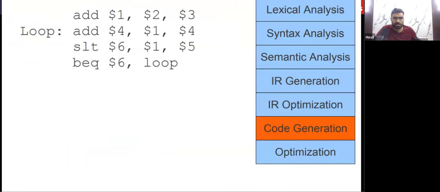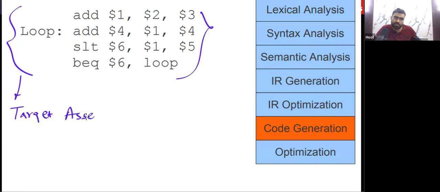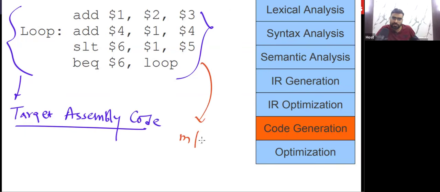Like this, this is the target assembly code you are going to get. Is this clear? So very simple. Remember one thing: this is machine dependent.